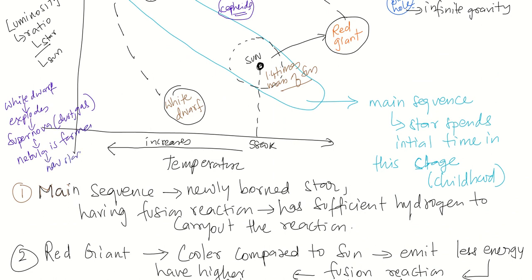So you see, this is the whole life cycle of a star. From white dwarf it explodes and becomes a supernova, nebula, and again it starts. All this happens because there are gravitational actions and decreases in pressure, so the temperature starts changing and all this happens. Hope this is clear.